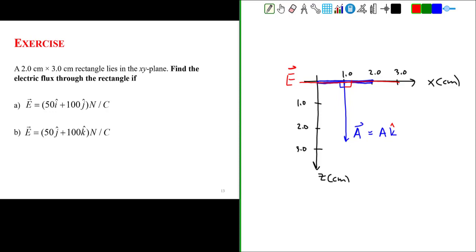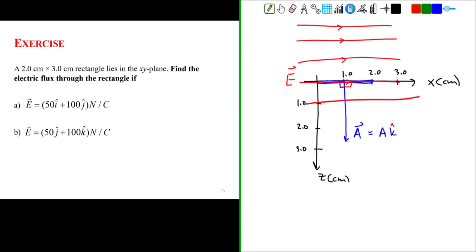Now, technically, from this vantage point, the electric field is a uniform field, and it's true for any value of z. So from this top-down approach, the electric field would probably look something like this. We lose the perspective, however, of its orientation in the xy plane.